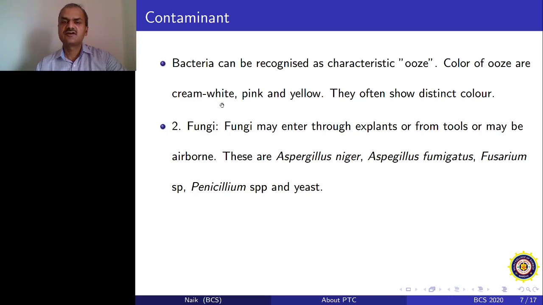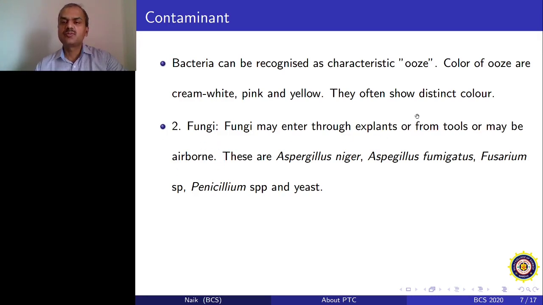The entire fungal kingdom, whenever you give them sucrose and agar and all types of nutrient solution, these fungi are in fact more invasive inside the explant material. So they can come through the explant, from the tools, as well as airborne. So if your laminar airflow hood is not fumigated regularly, then you are going to have some airborne fungi.